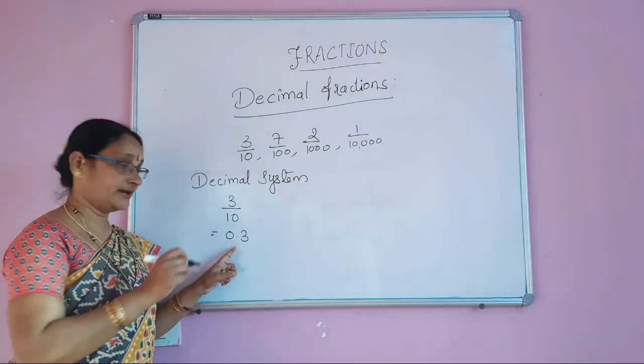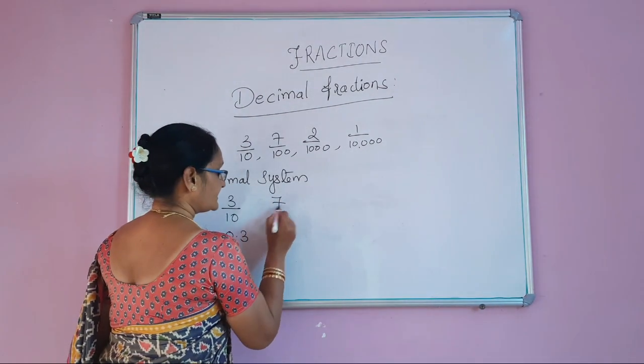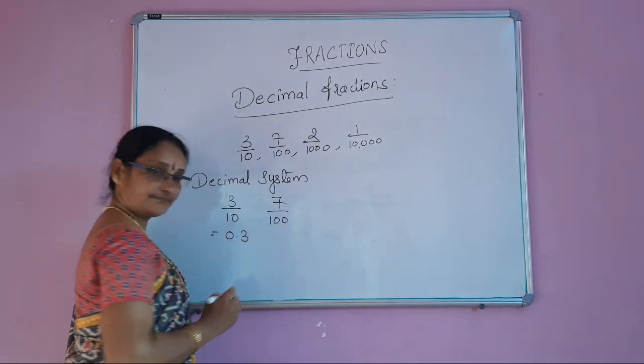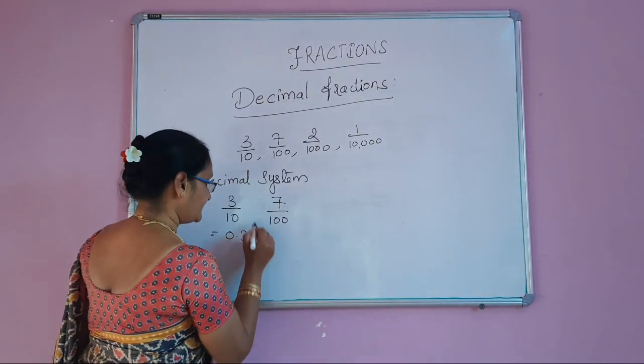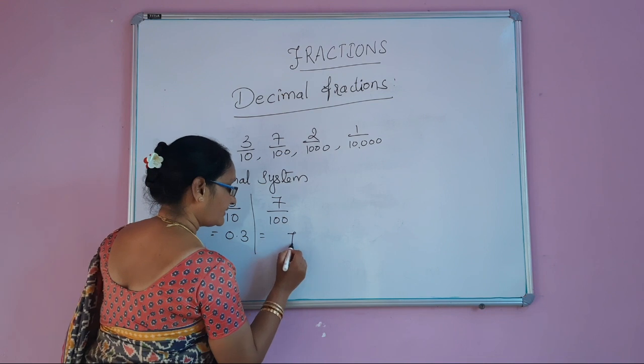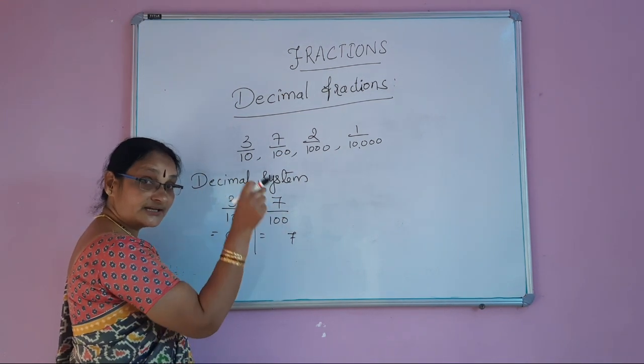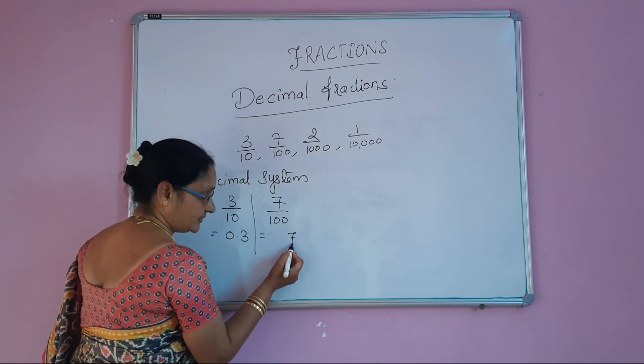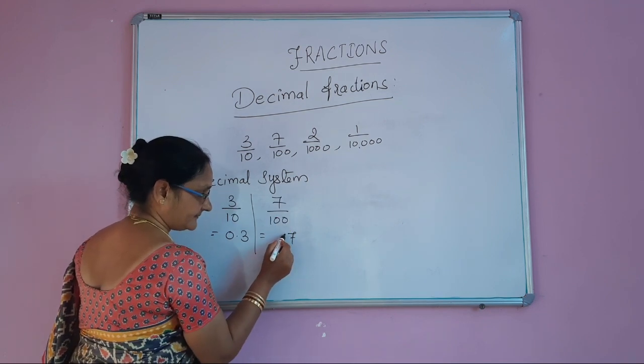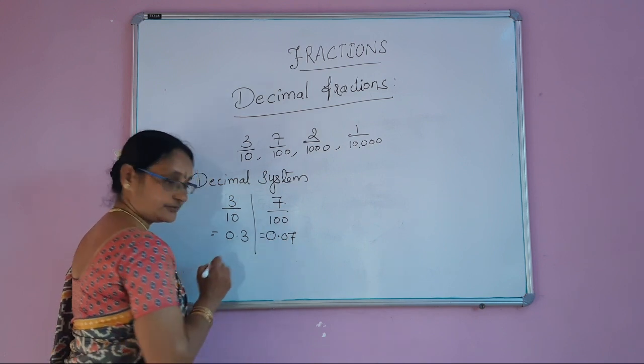Then 7 by 100. 7 by 100 means here, what is here? 100. In the hundreds place we have to give the decimal point. Here it is units, then tens, and this is hundreds place where we have to give the decimal point.